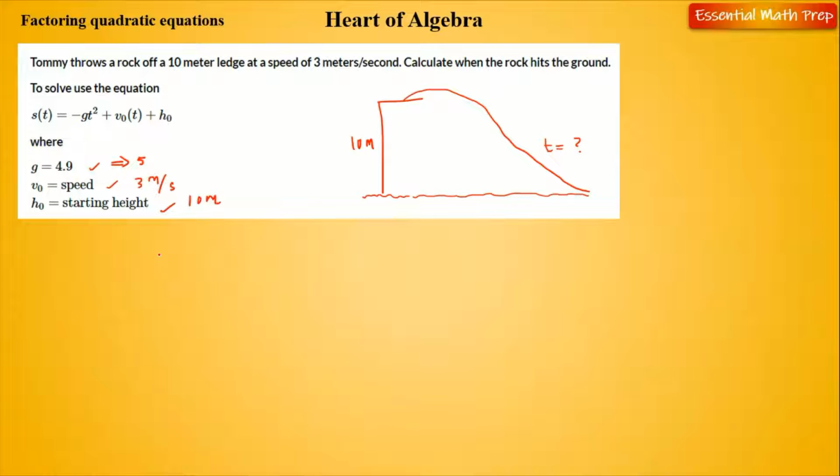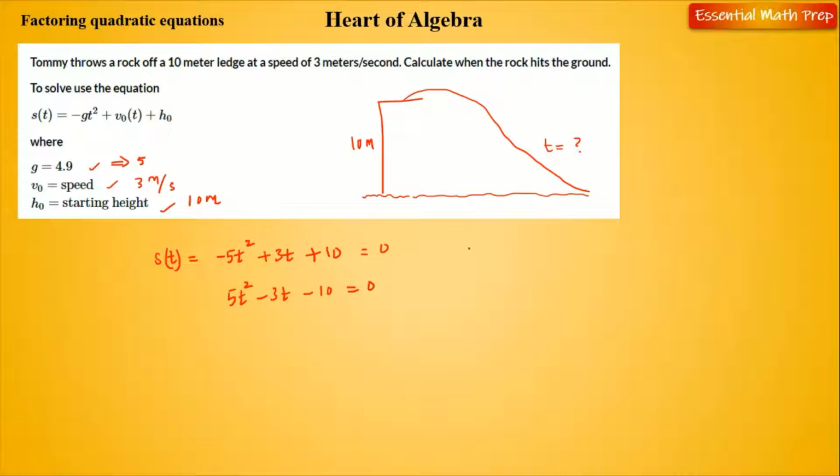If you put it all into this expression, S of t equals -5t squared plus 3t plus 10. We'll get rid of the units here. This equals 0 because it's getting back to the ground. You can rewrite it as 5t squared minus 3t minus 10 equals 0.